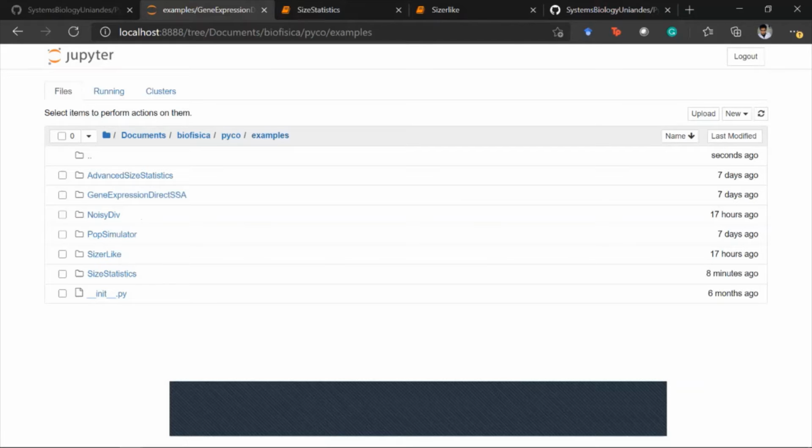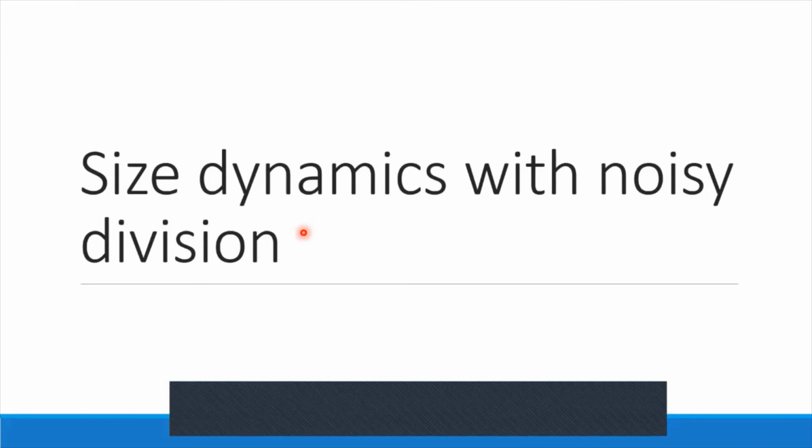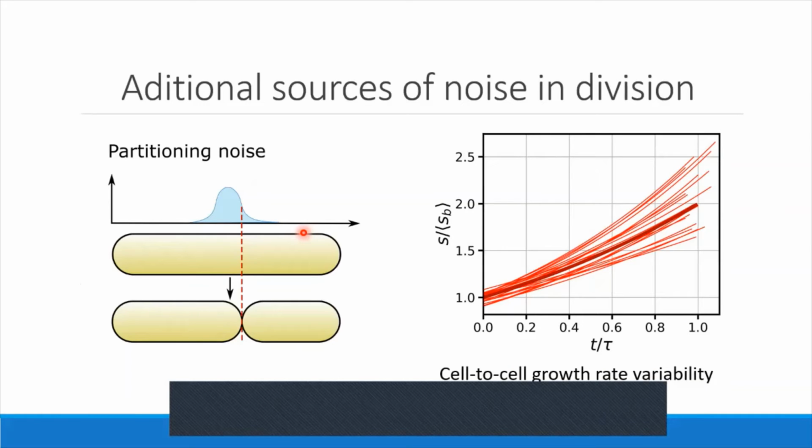For instance, if you want to add noise in division, for instance, the partitioning noise, which tells you that bacteria is not divided perfectly in half, but on a random variable with mean 0.5 and some CV square, some distribution with a given variance.